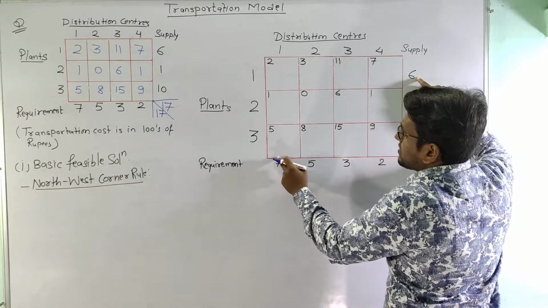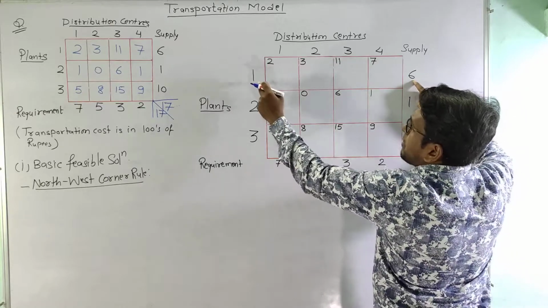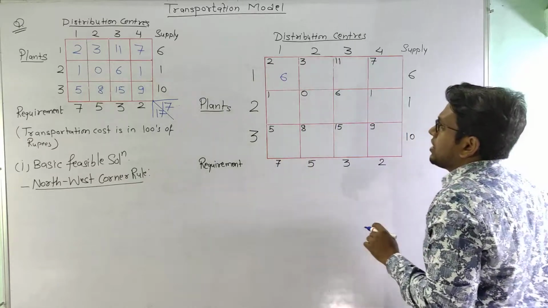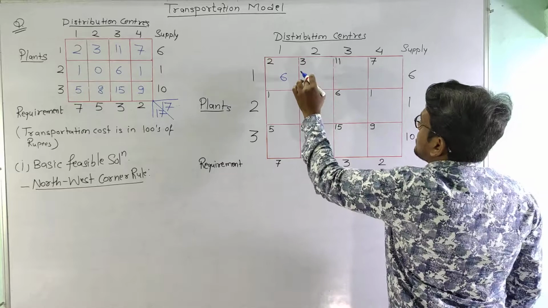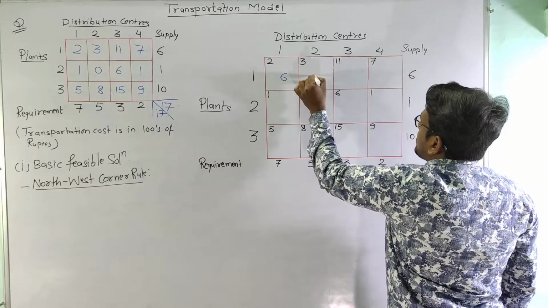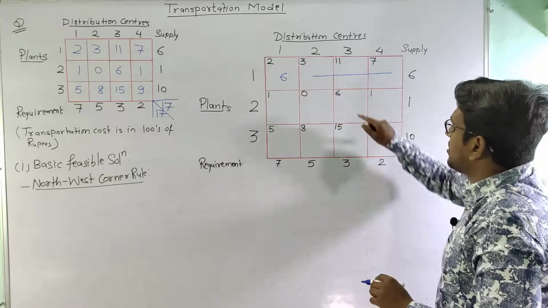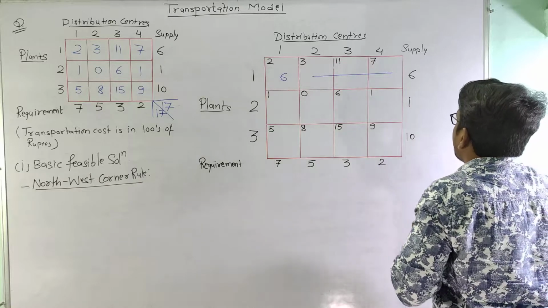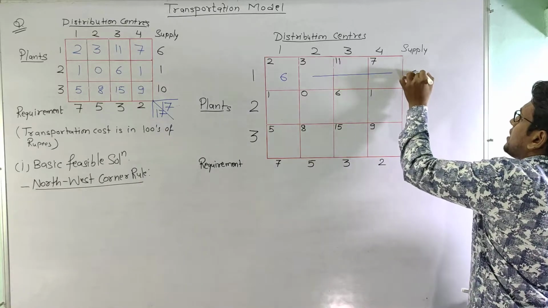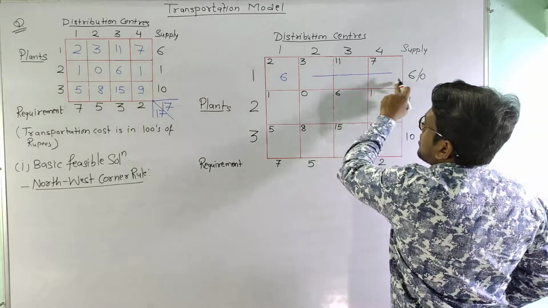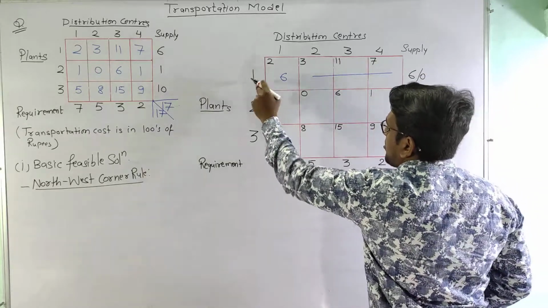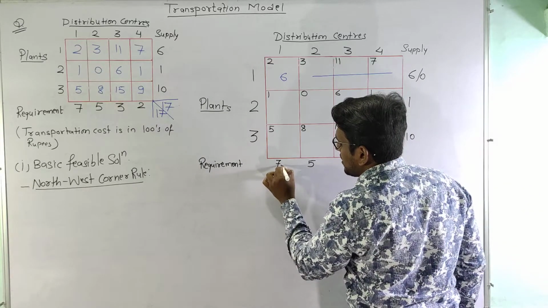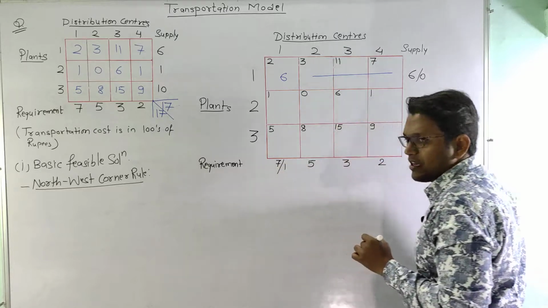That means out of the 7 requirement, 6 can be fulfilled by plant 1, so we allocate the value 6 here. As the supply has been fulfilled, no other allocations can be done in this row for plant 1, so I am just crossing it out. Out of the 7 requirement, 6 are fulfilled and only 1 is left.